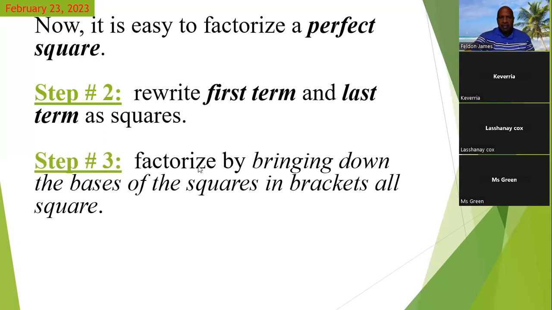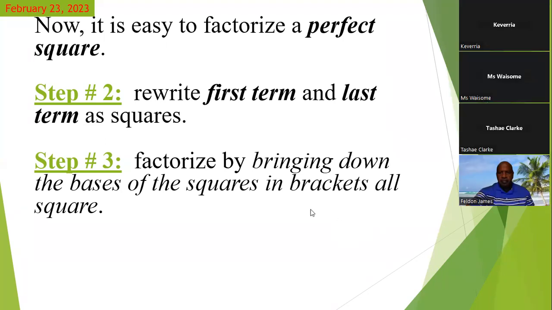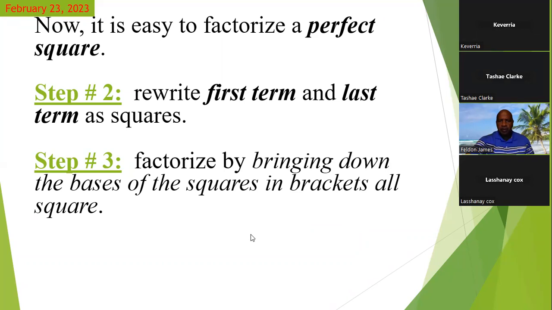And then step 3, we factorize by just bringing down the bases of the first and last term. By now, everybody should know what we mean by the base. Let me see the hands of those who recall what the base is. Star A and B. Right, without the power.